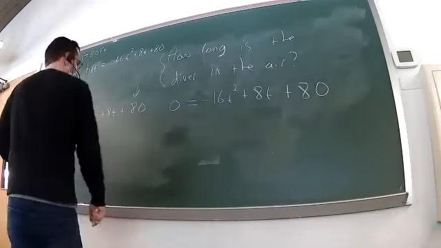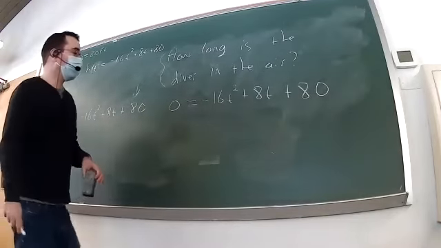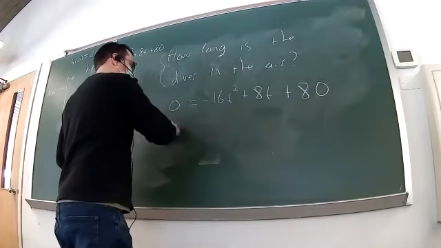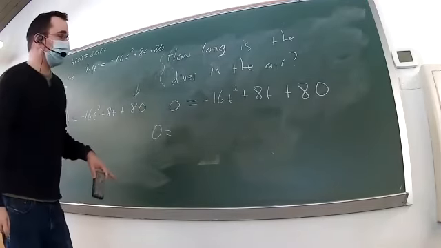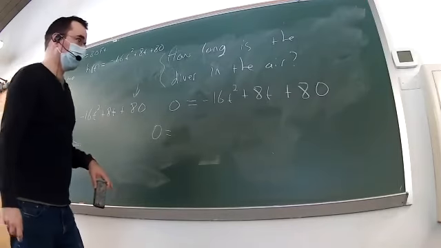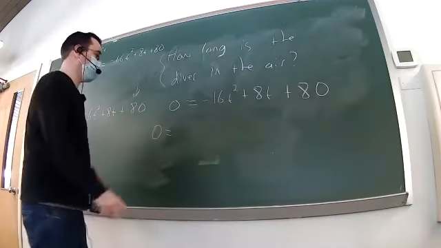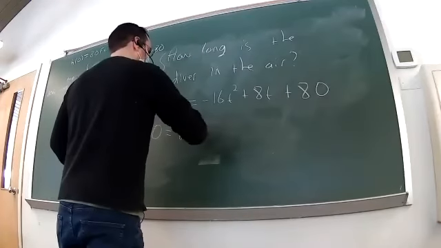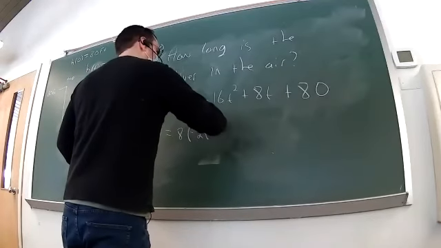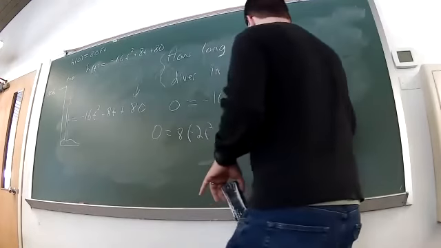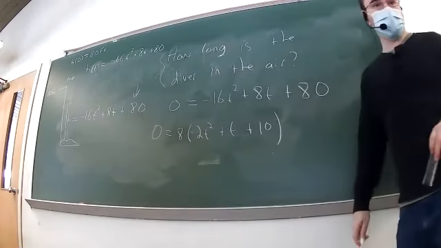And in order to help me do that, I could go for 2 numbers that multiply to 16, 2 numbers that multiply to 80. I'm going to try to factor out as much as I can initially to help with the arithmetic. So I'm seeing that the number 8 appears in all 3 terms. So maybe I'll factor out 8, and then I'll get minus 2 t squared plus t plus 10.